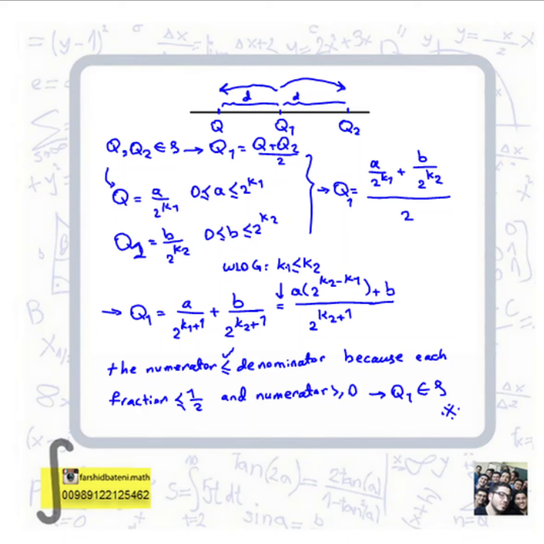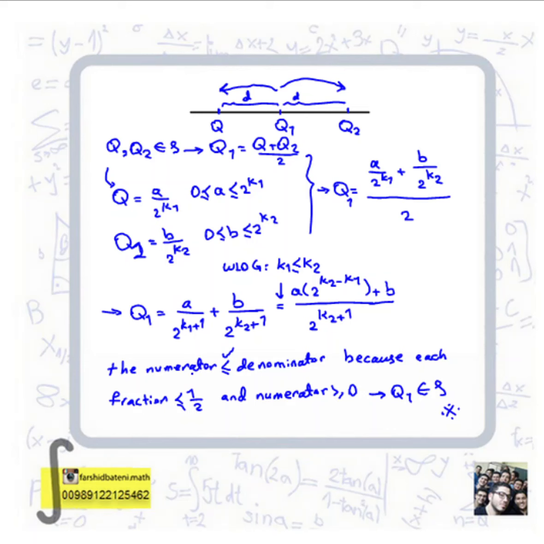Without loss of generality, we can assume K1 is less than or equal to K2. We write Q1 in this format, and we can prove this format satisfies the S set condition.